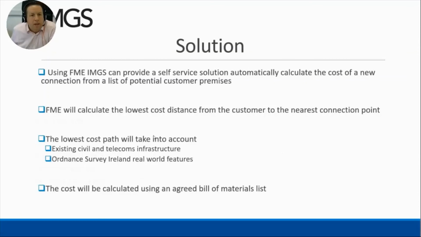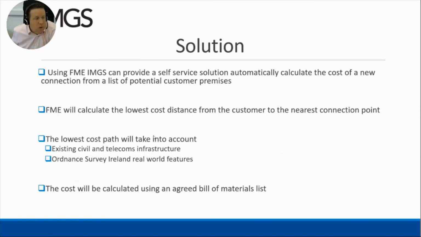So our solution is we use FME to provide a self-service solution to automatically calculate the cost of a new connection from a list of potential customer premises. FME will calculate the lowest cost distance from the customer to the nearest connection point, and the lowest cost path will take into account the existing civil or telecom infrastructure, and can also take into account real world features. So then the cost will be calculated using an agreed bill of materials list.